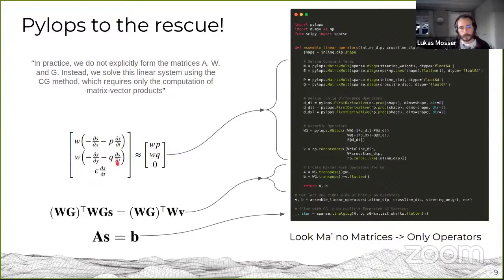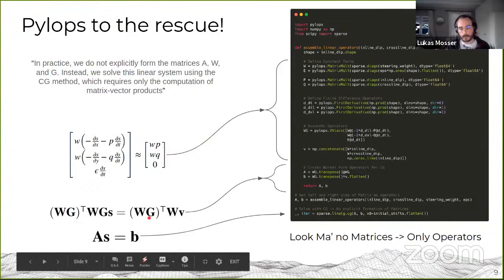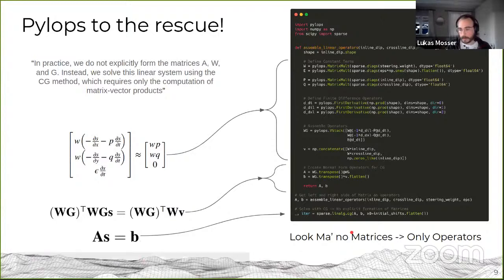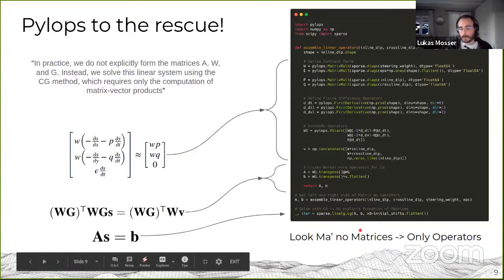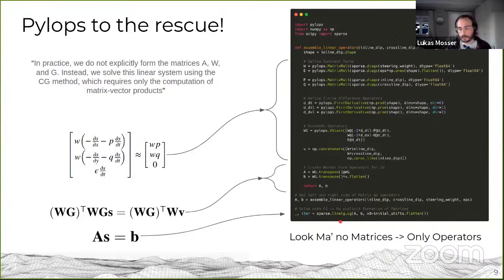So you can go from this math representation, this linear form, straight to actually solving your problem, in this case using conjugate gradients. And one of the fascinating things is Matteo and the people that are working on PyLops also ensured that this can function with existing other libraries, such as the sparse libraries in SciPy, and you can directly use these operators in a conjugate gradient framework, for example.